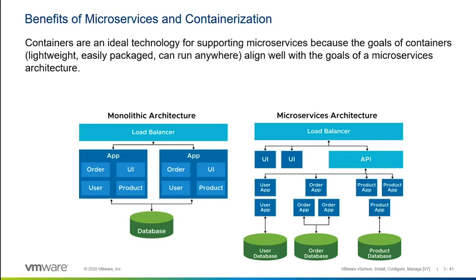For example, in an e-commerce application, I'm going to have a UI for the end user to visit, an ordering system, a user management system, and a product management system. And all of these things will have a single database behind them. So all of these components are in one set of applications. They run in a single virtual machine. As we scale, we add more virtual machines, but they all sort of do the same thing.